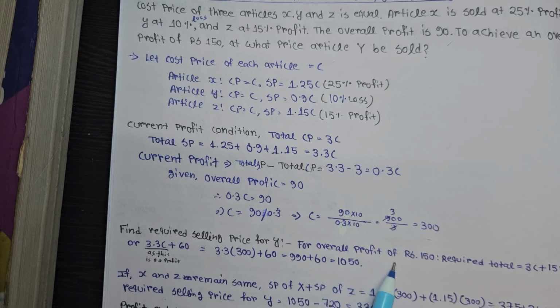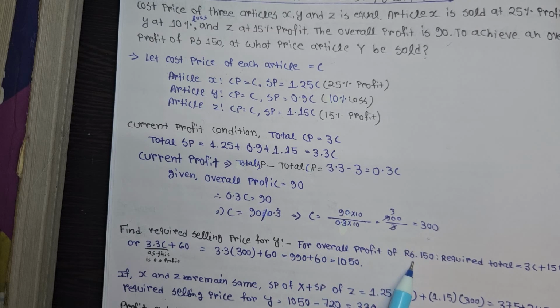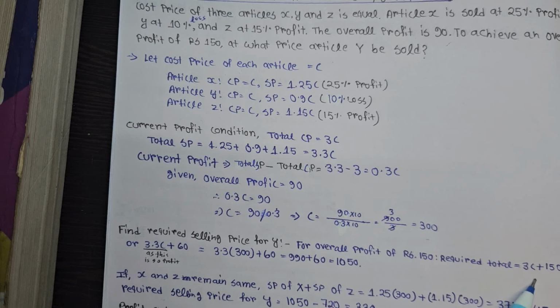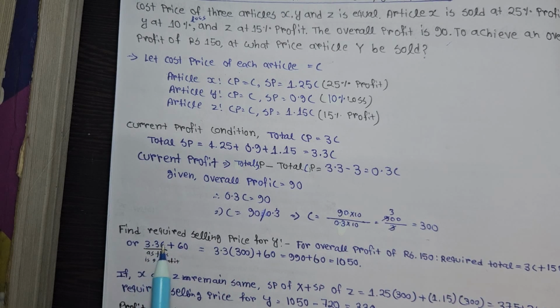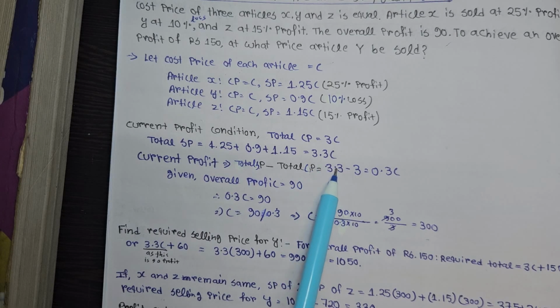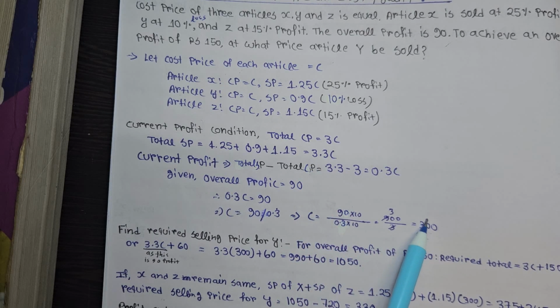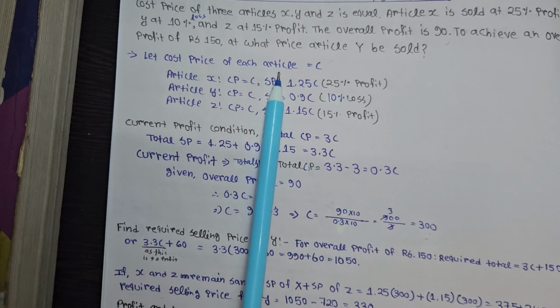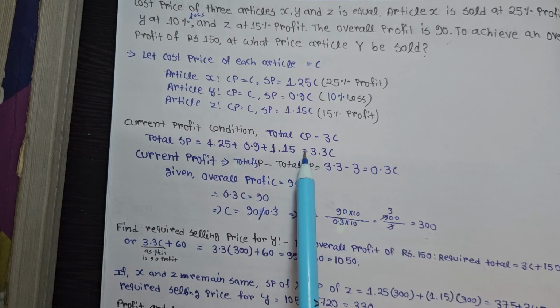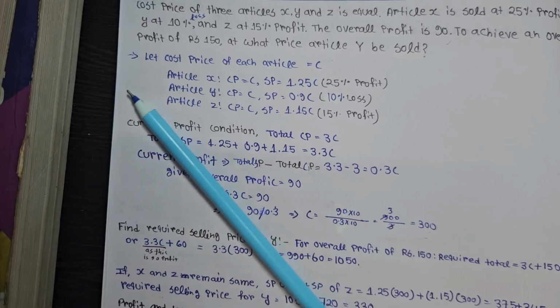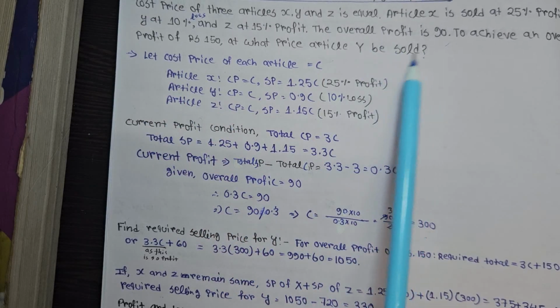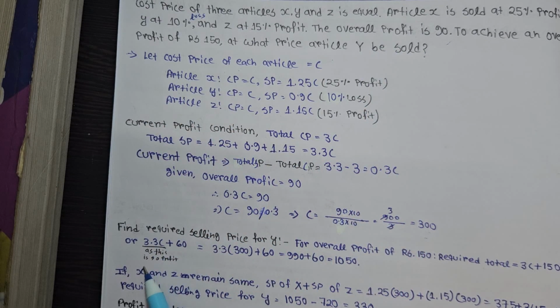For an overall profit of 150 rupees, the required total is 3C plus 150. We calculated that when the total SP is 3.3C, we had an overall profit of 90 rupees, so it represents 90 plus 60.